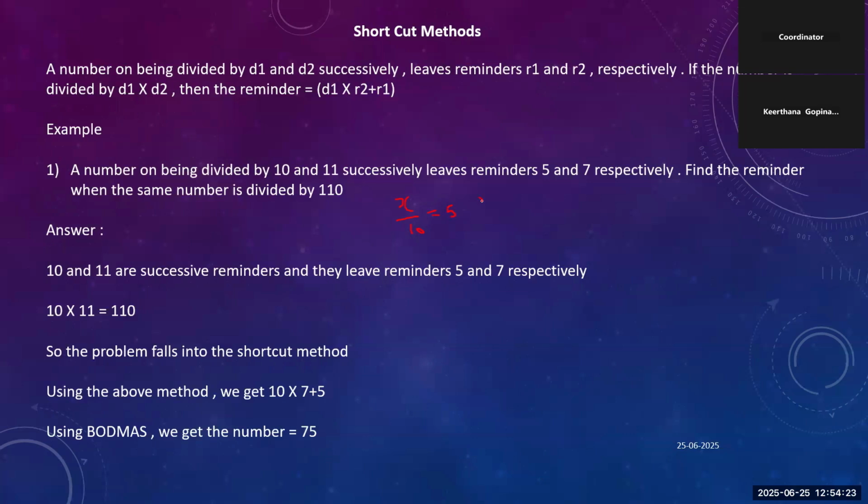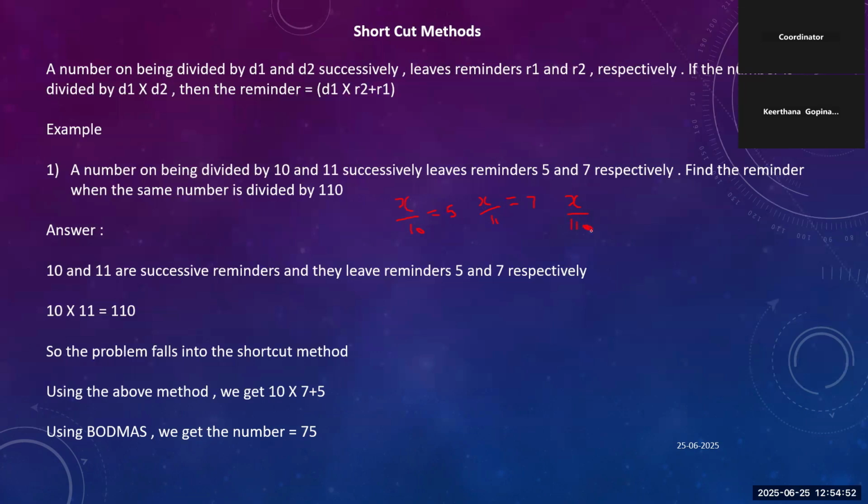X is divided by 11, the remainder is 7. Find the remainder when the same number is divided by 110.